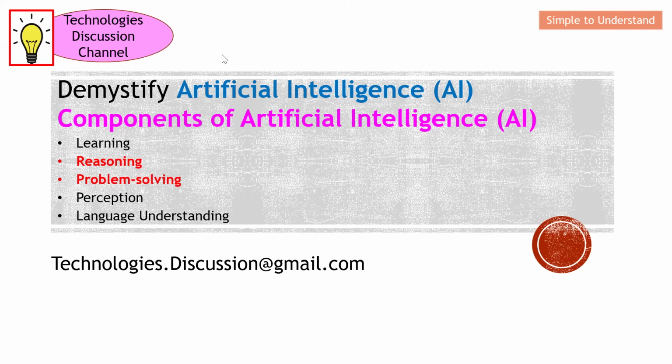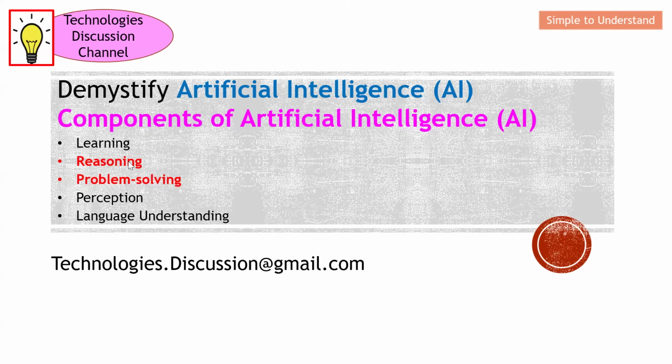For this video, I'd like to continue the discussion on artificial intelligence, AI. In my previous discussion, I described the components of artificial intelligence. Mainly, I discussed what learning is and also reasoning. Under this component of AI, besides learning and reasoning, we also have problem solving, perception, and also language understanding.